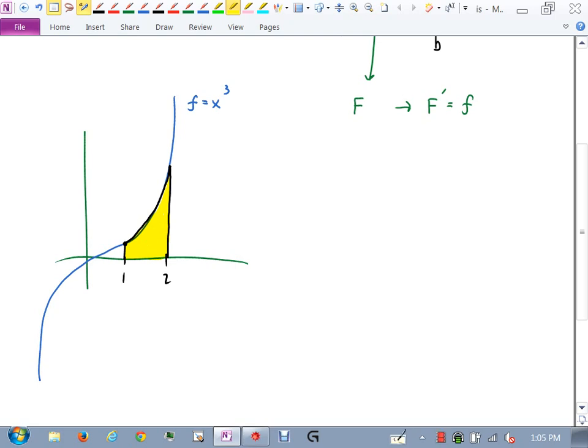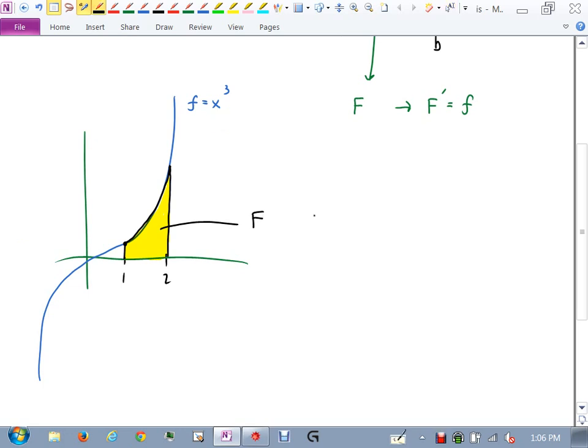The way that I'm going to be able to do that is by determining what the capital F is, what the antiderivative of this is. So tell me, what do I take the derivative of to get x cubed? Well, think about it this way. When you take derivatives, what happens to powers? They come down, right? So I need to go from some power to x cubed, which means that it has to be what? x to the fourth, right?